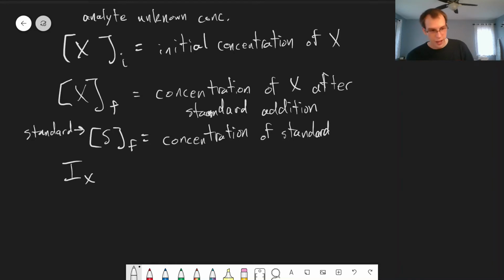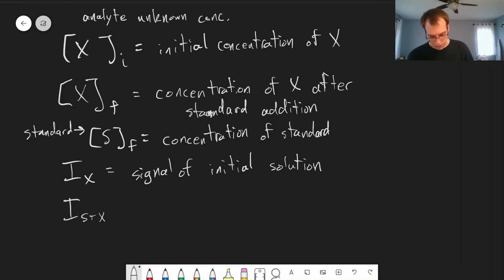We'll call this Ix, the signal of the initial solution, so like our rainwater, our groundwater in this case. And then there'll be a signal where we'll have the standard plus our unknown. So Is plus X, this is the signal after standard addition.